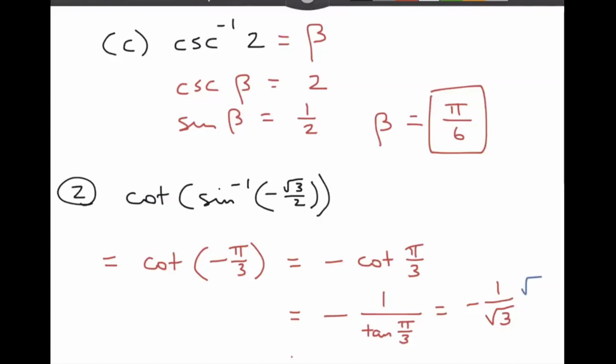And I'm sorry to say, I don't know if there is a way to turn off that requirement. So we may be stuck with it. Anyway, hopefully you understand that the rationalized denominator form of negative 1 over root 3 is negative root 3 over 3. All right, and that takes care of examples 1 and 2.